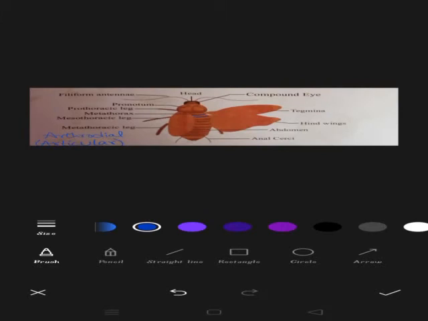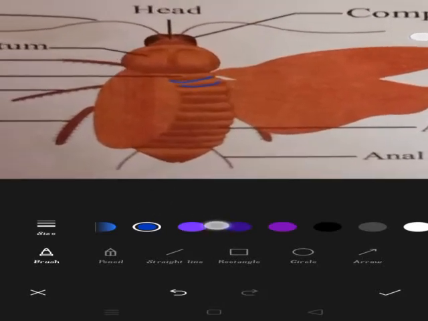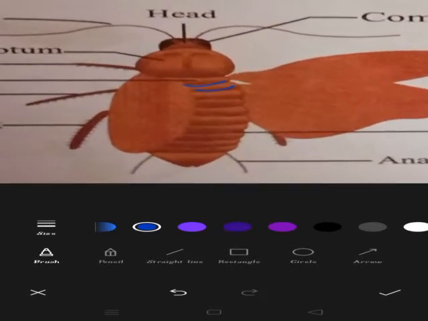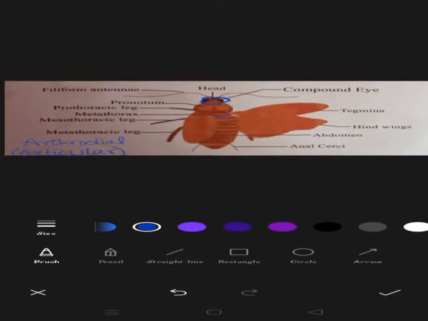So let us discuss the division of the body. The body of the cockroach is divided into 3 main segments, regions or parts. The first one is the head, the second one is the thorax, and the third one is the abdomen.